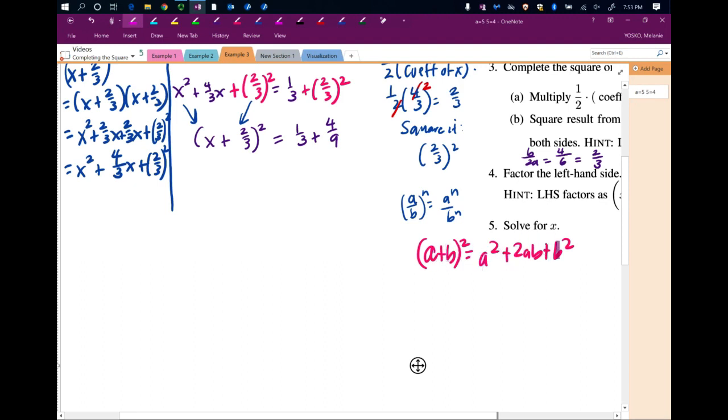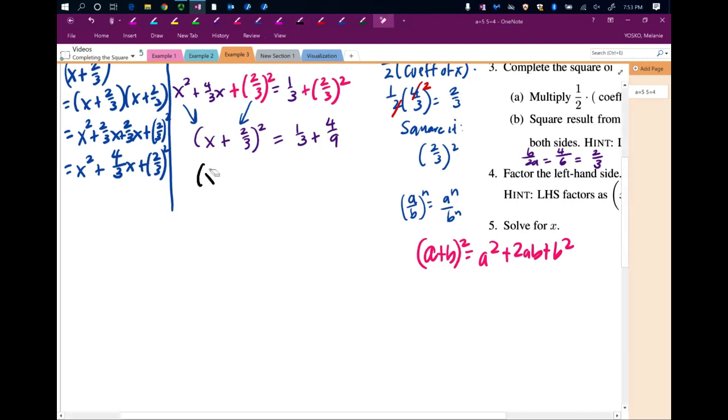So if you have 1, 2, 3 terms and it's expanded like this, you look at the two things that are being squared. So a is being squared and b is being squared. So you get a plus b. And then you check it. A times b times 2 gives you the middle. X times 2/3 times 2 gives you 4/3 x. Okay, so you're going to have this property every time. So let's keep going.